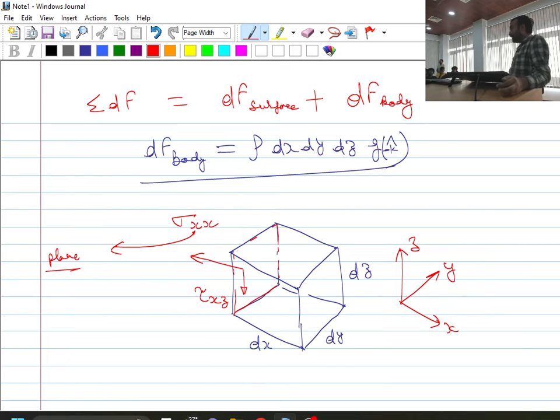Then what will be the other thing? On this I can also have a shear stress in this direction, parallel to the face and along the y direction. That will be nothing but tau xy. Is the point clear?